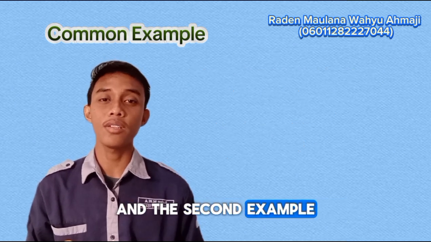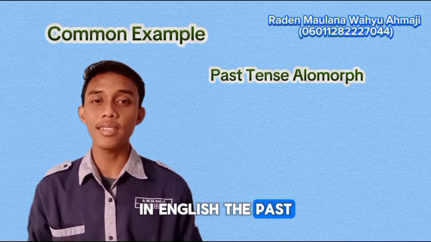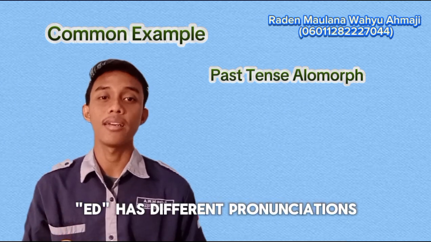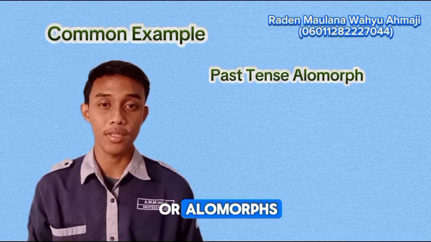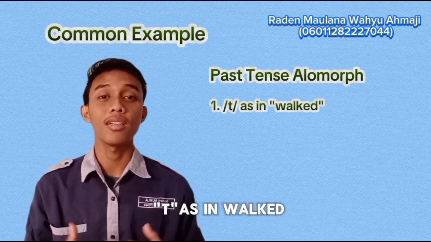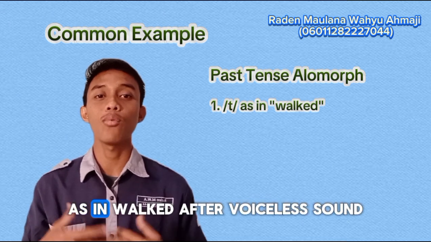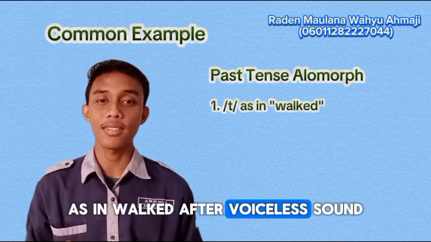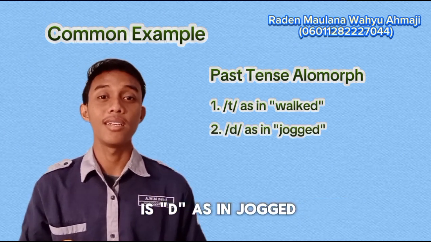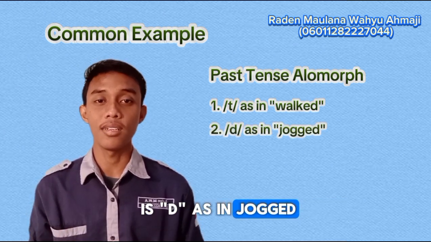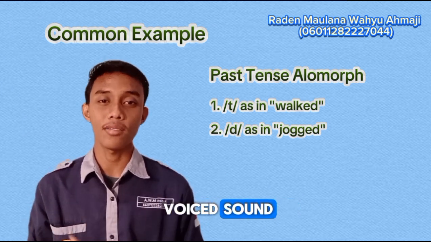And the second example is about past tense allomorphs in English. The past tense morpheme -ed has different pronunciations, or allomorphs. The first one is /t/, as in walked, after voiceless sounds. And the second one is /d/, as in jogged, after voiced sounds.